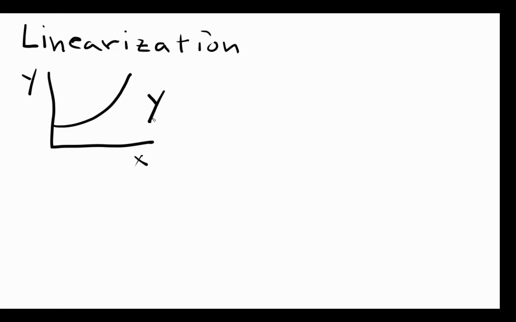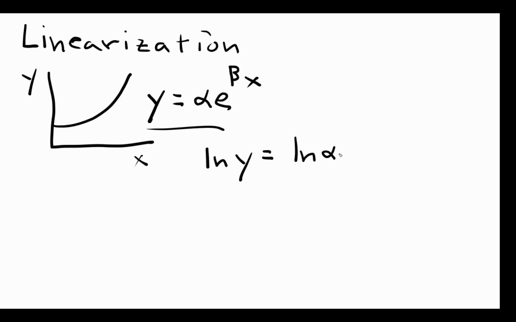So we can represent generally y is equal to some parameter alpha times e to the beta x. Well, we can simply turn this equation into a linear equation by taking the natural log of both sides. Right? So ln y is equal to ln alpha plus beta x.